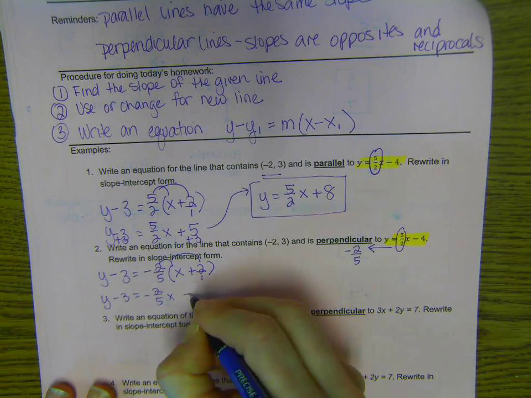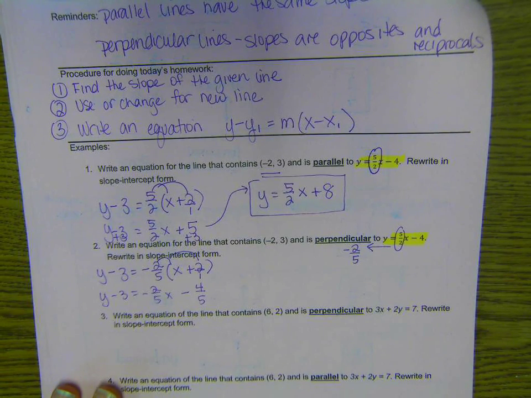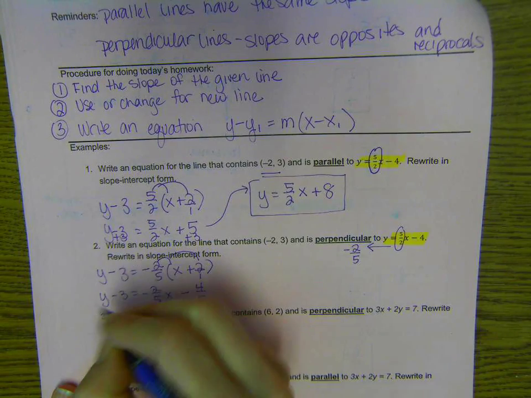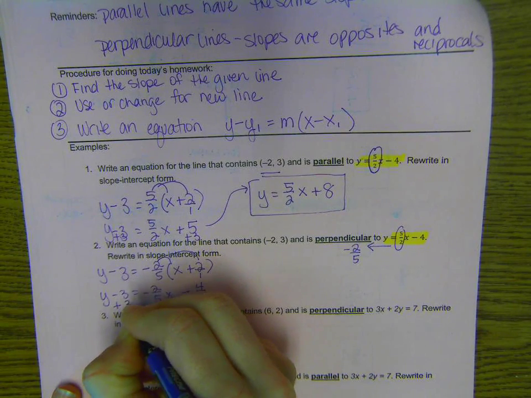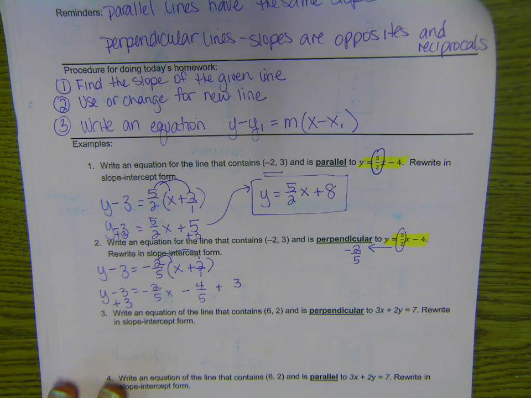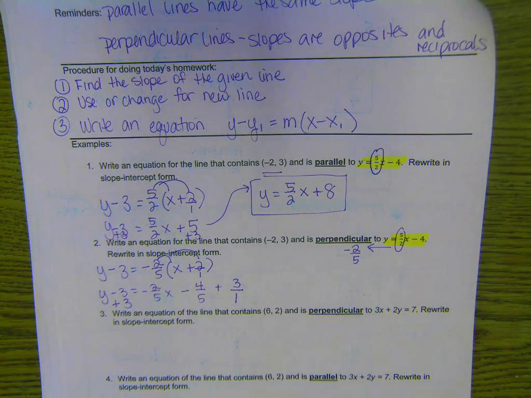Last step. What do I have to do? Add 3. I'm going to change it to 3 over 1. How am I going to add negative 4/5 to 3 over 1?